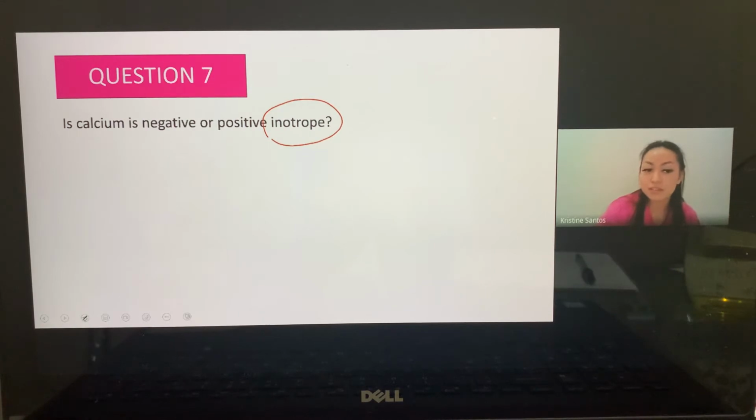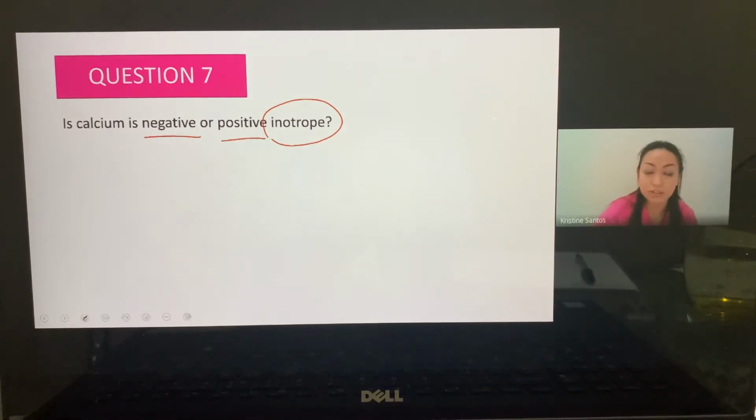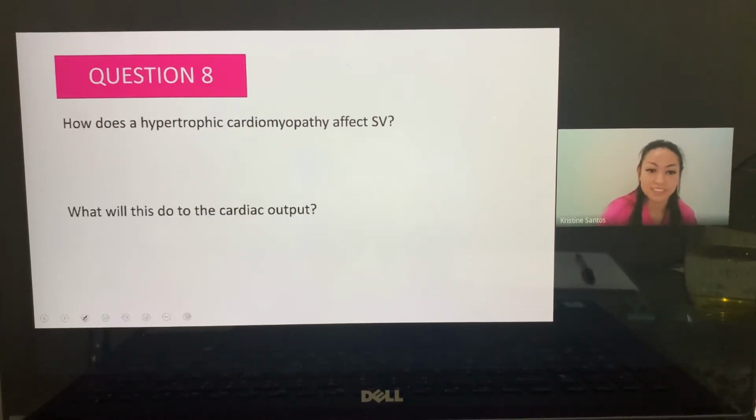So is calcium positively or negatively affecting the contractility? Is it making it more contractile or less contractile? Positive, yes. If we have more calcium influx inside the cell, we're going to generate a higher force of contraction. So it's a positive inotrope. Okay.